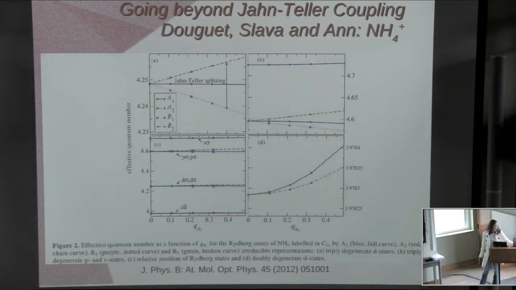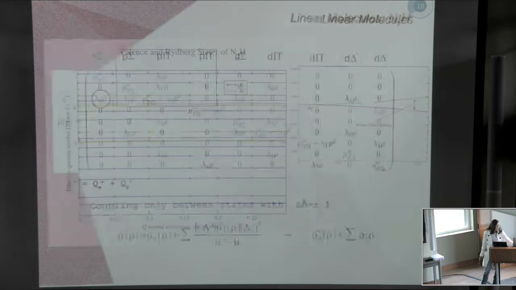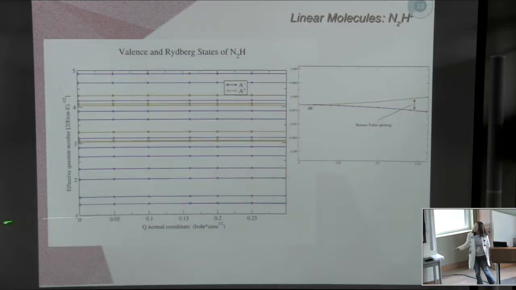So here the Jahn-Teller is a linear effect, so we don't only have to study the dependence of the quantum defect with respect to Q, but you also have to extract from that the Renner-Teller splitting. Because, if you remember from the other figures that I showed before, the dependence on Q, the normal mode coordinate, is quadratic, and so is the Renner-Teller splitting.